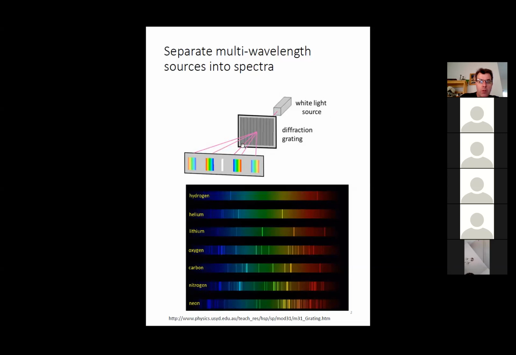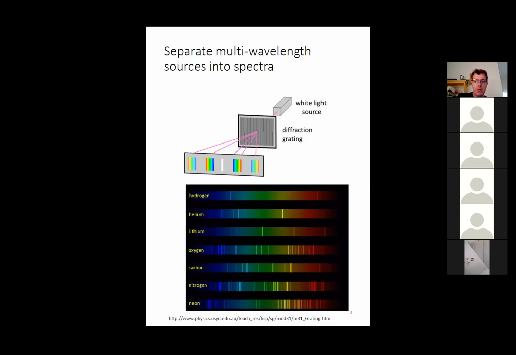And if the source has several wavelengths coming out of it, then they get a whole bunch of different spots, and each spot goes onto a different pixel in a detector, and they see how much signal was received on each pixel of the detector. So it's an important technology. It's worth talking about.